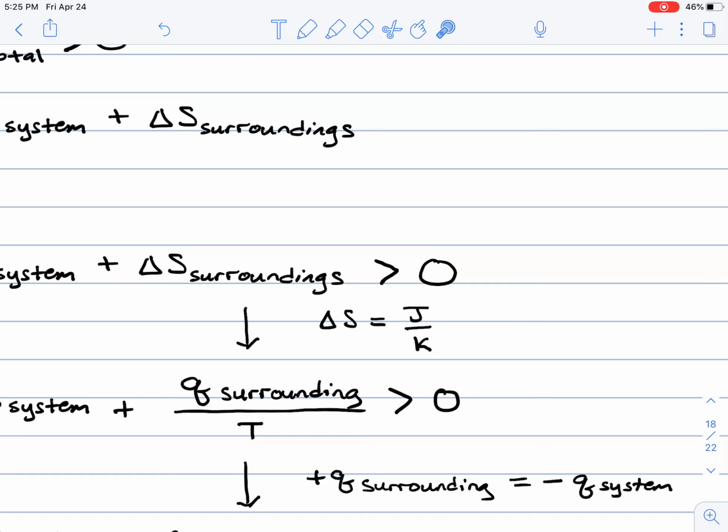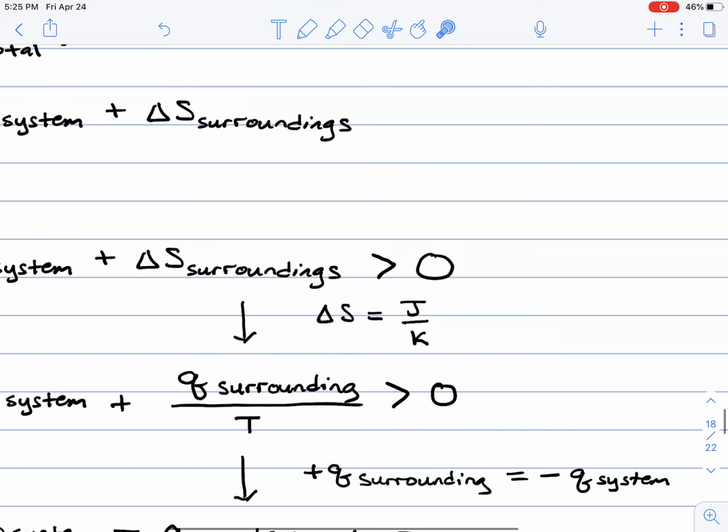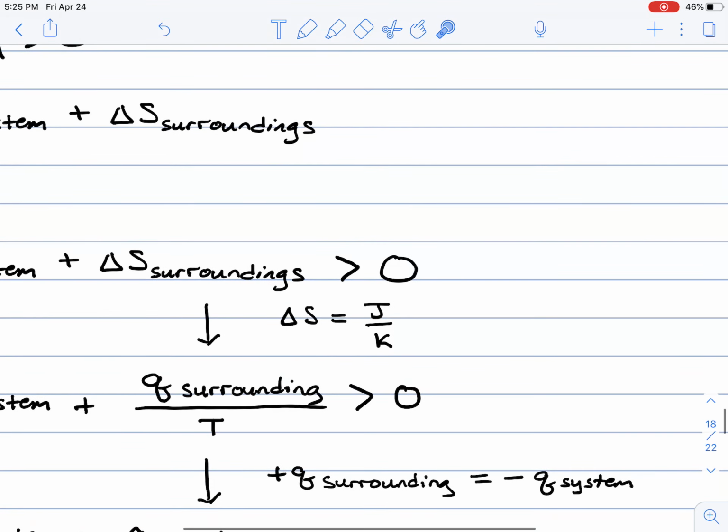Imagine a combustion reaction, right? Or lighting a match. That's an example of a combustion reaction. The combustible substance, which is this hydrocarbon, when the combustion reaction occurs, is going to release heat. So the system is losing heat.